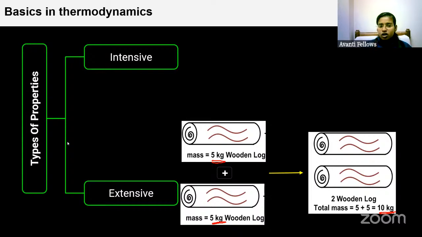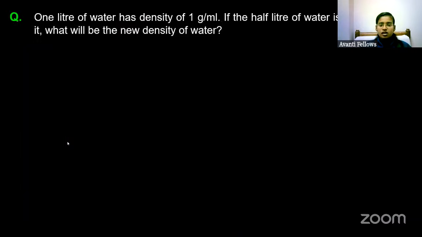Moving forward with this, I will ask you one question. 1 liter of water has a density of 1 gram per milliliter. If half a liter of water is taken out from it, what will be the new density of water? I have a container in which water is present.